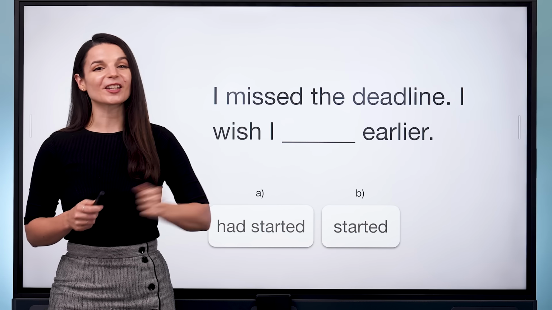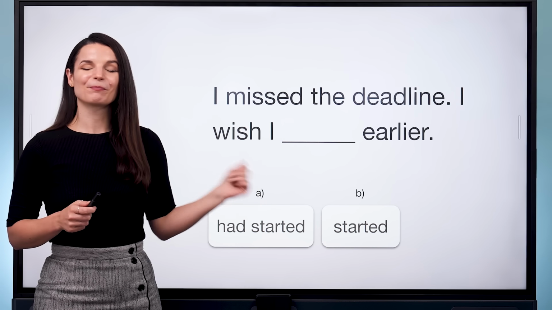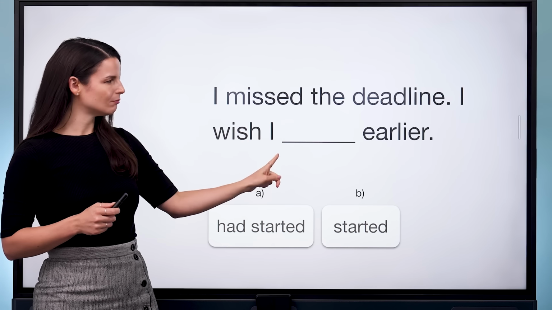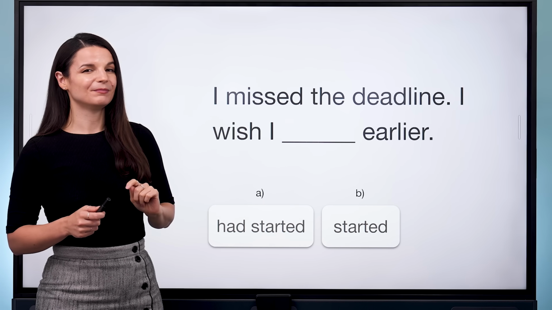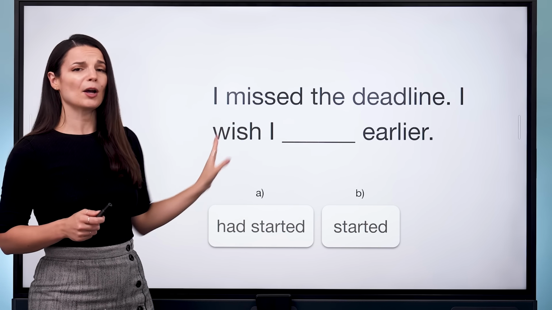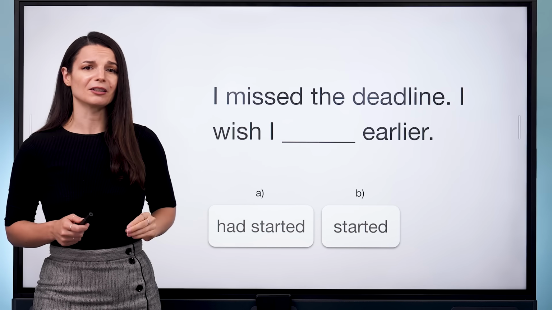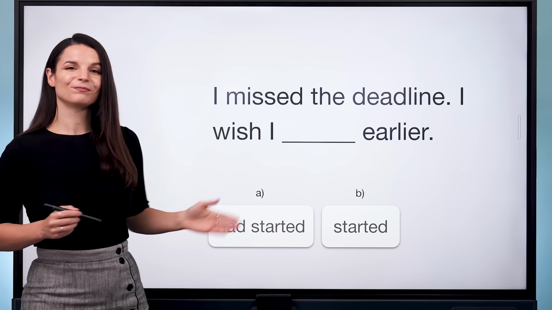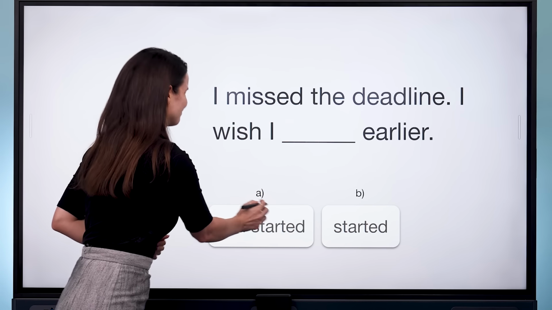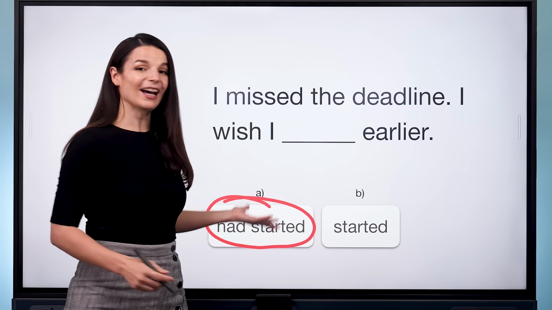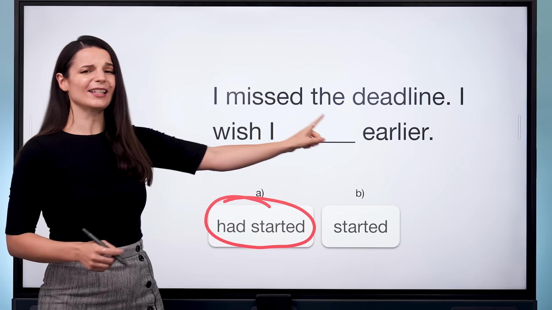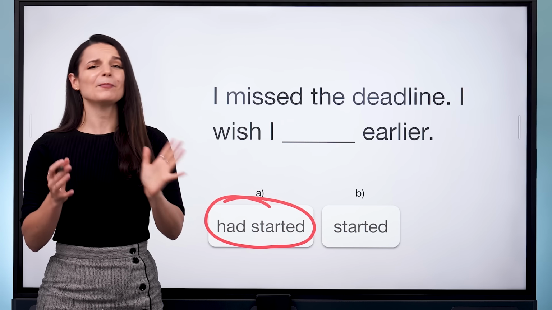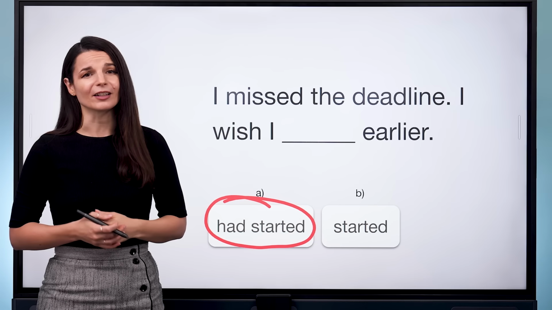Choose the best answer to complete the sentence. Ready? I missed the deadline. I wish earlier. Had started. I wish I had started earlier.